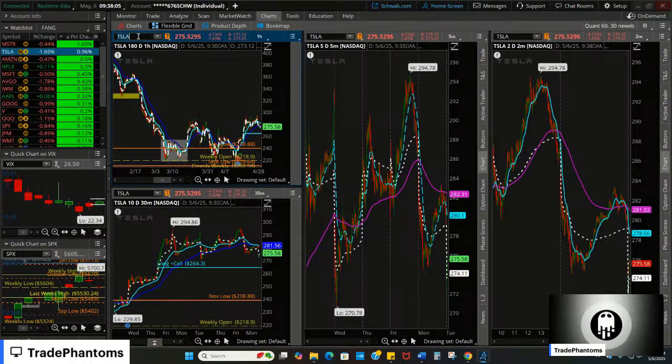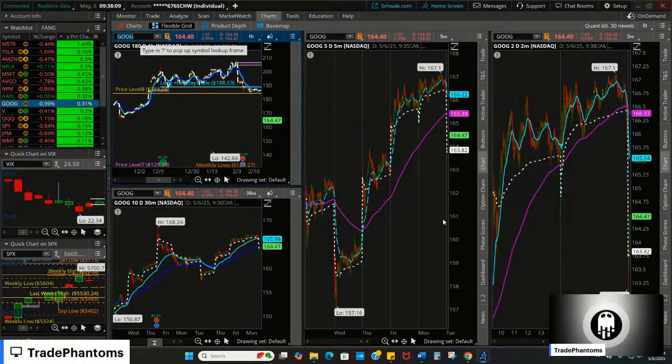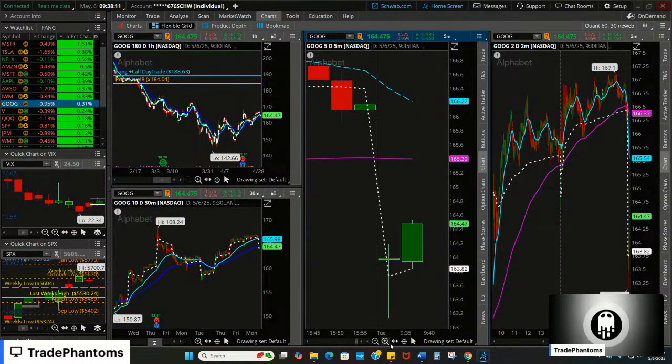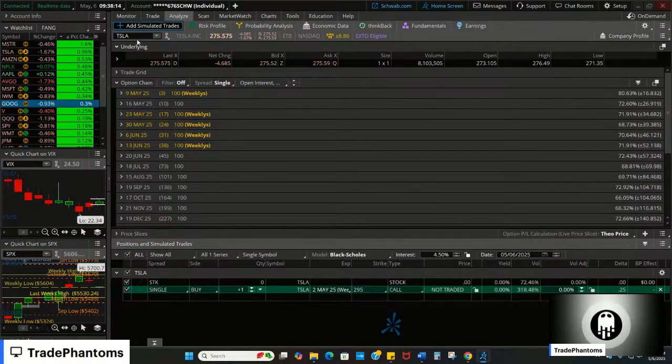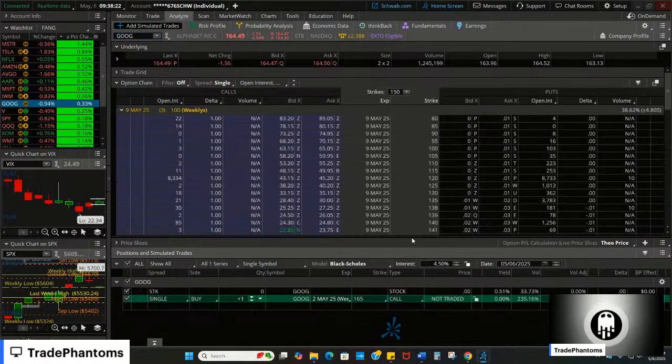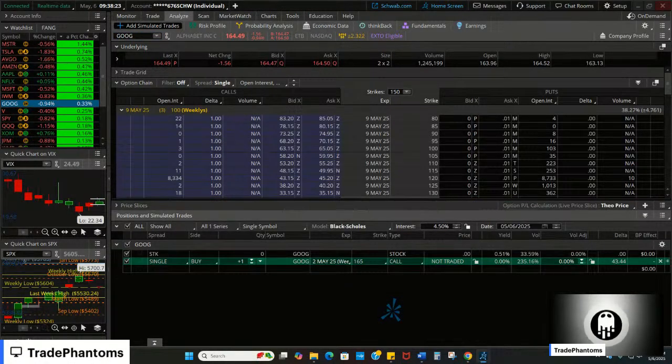All right, Google looks a little bit better in terms of holding its structure and decent level here. All right, so I'll pick up some Google long call. Still going to be a little patient on Tesla. I might be doing more of a swing trade on that.